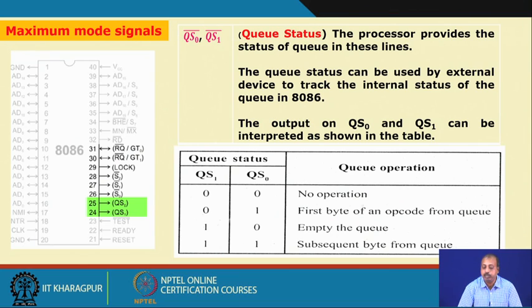The queue status can be used by an external device to track the internal status of the queue in the 8086. If you want to watch the instruction fetch, decode, execute cycles, you can keep a watch on these QS0 bar and QS1 bar lines. The outputs are interpreted as shown in this table, that is, no operation or first byte of opcode from queue, and so on.